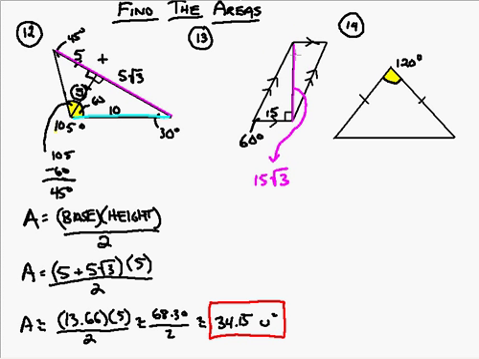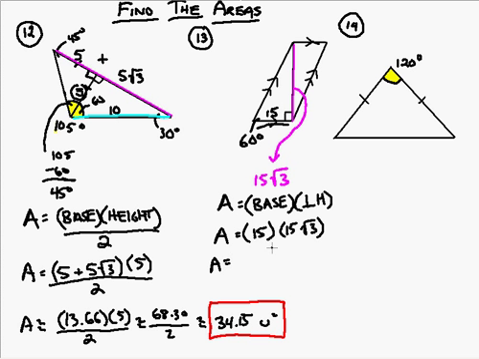By the way, this is a parallelogram, and the area for a parallelogram is simply base times the perpendicular, or straight up and down, height. Well, my base is 15. That's this right here. My straight up and down height is 15 times the square root of 3.